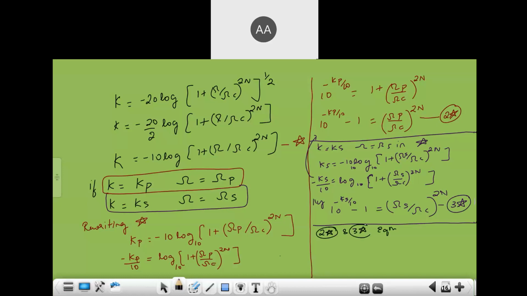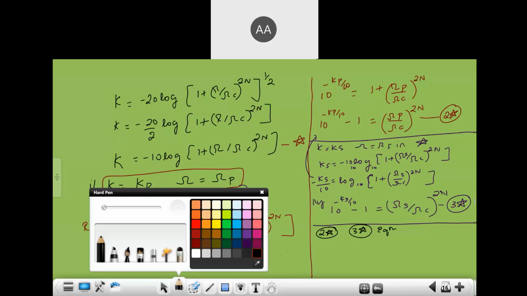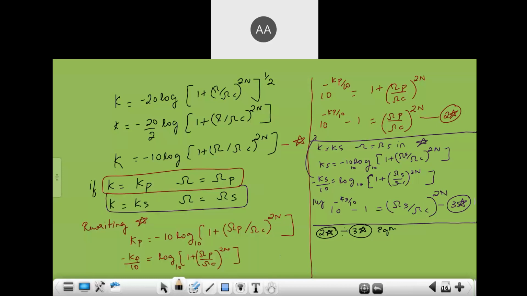These two equations I'll compare, and I'll divide them: 2 star divided by 3 star. So what happens?